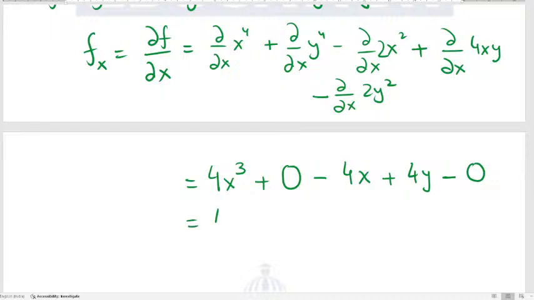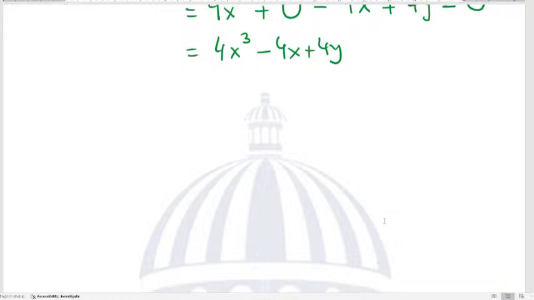So if we write that down in a very nice way, we get 4x cubed minus 4x plus 4y. That is fx. That is the first derivative of f with respect to x.